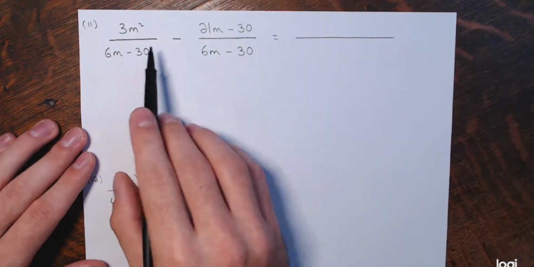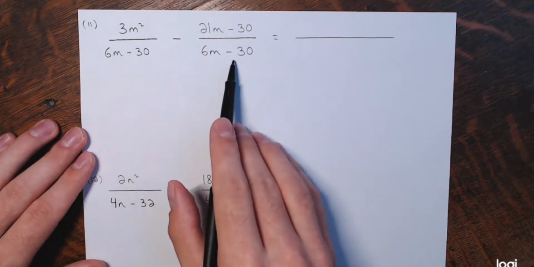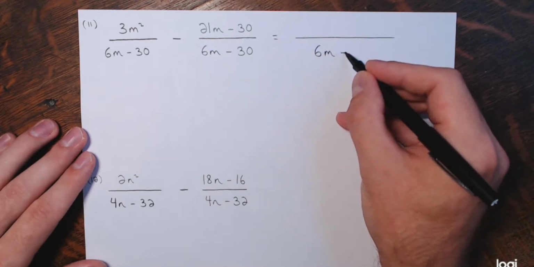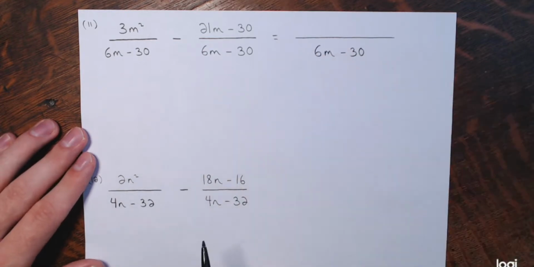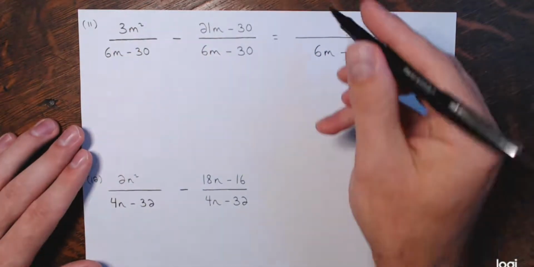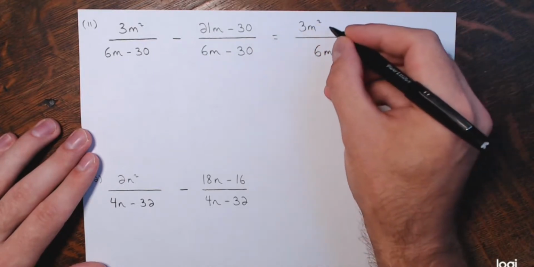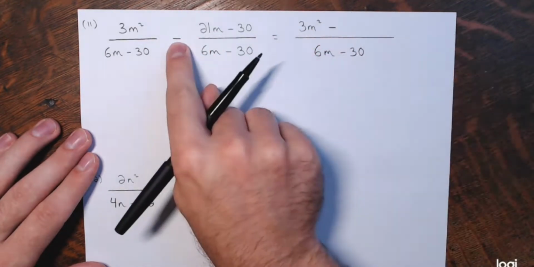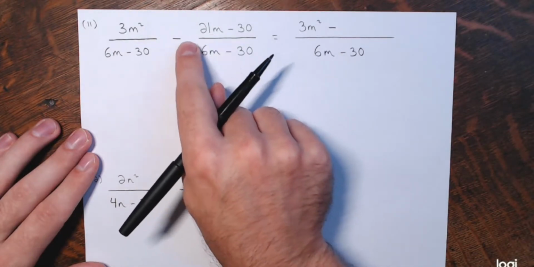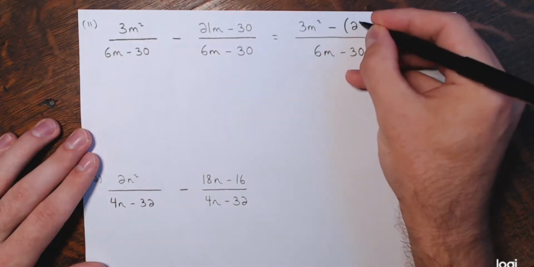We're subtracting two fractions. They have the same denominator already. So that's going to be the denominator of the difference. So 6m minus 30 is the denominator of the difference. And then when I do the numerators, we take the first numerator, 3m squared, and you're subtracting, again, not just 21m, but you're subtracting all of the second numerator.